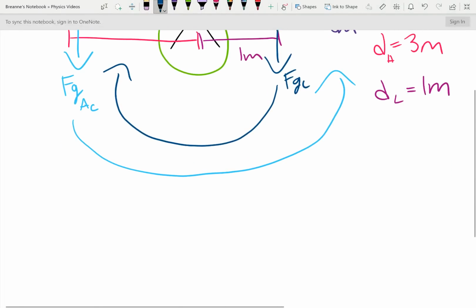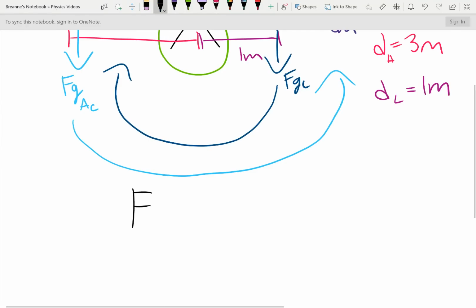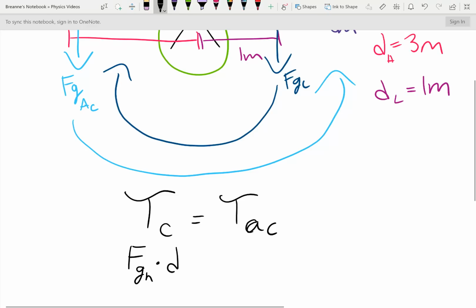So our equation that we would end up using, let's even break it down even further than that. Torque clockwise equals torque anti-clockwise. So the gravitational force of Hannah times the distance of Hannah equals the gravitational force of Leo times the distance of Leo.